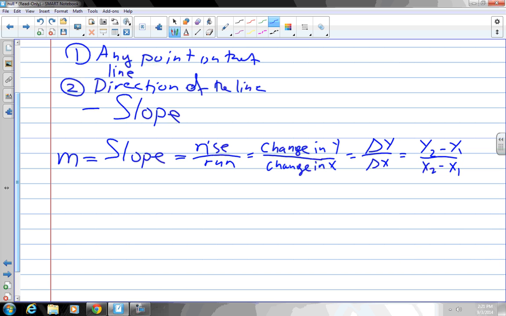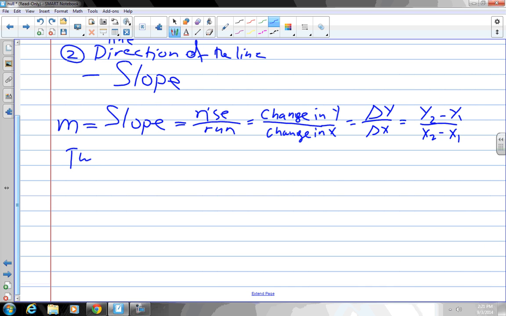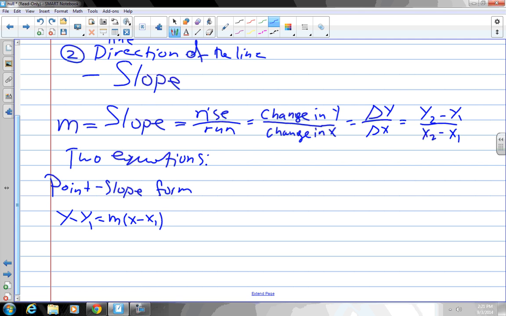We have 2 equations that we mostly play with. And I'm going to go through that fast. Most of you are familiar with this. One of them is called point slope form. And that's this guy: y minus y1 equals m times x minus x1.